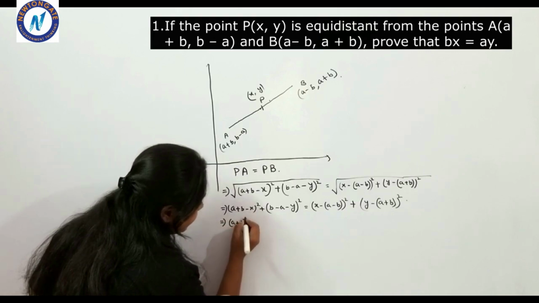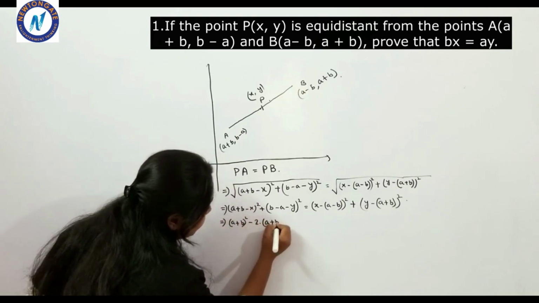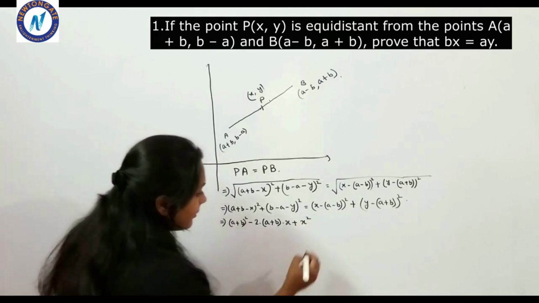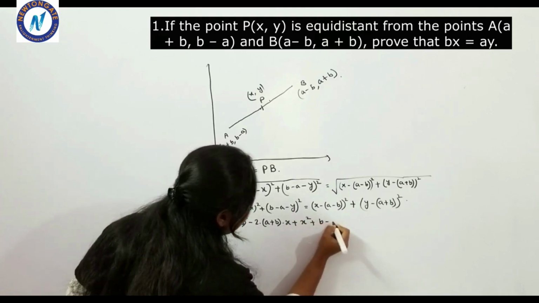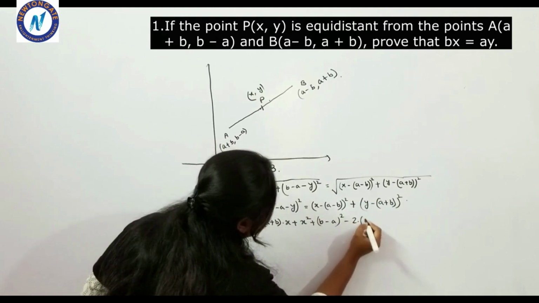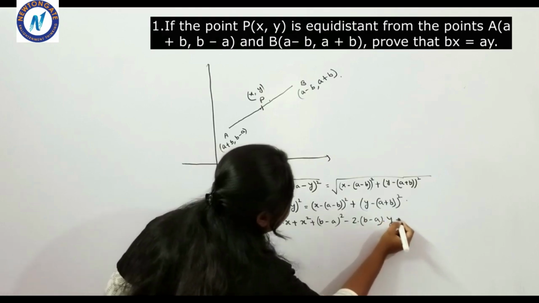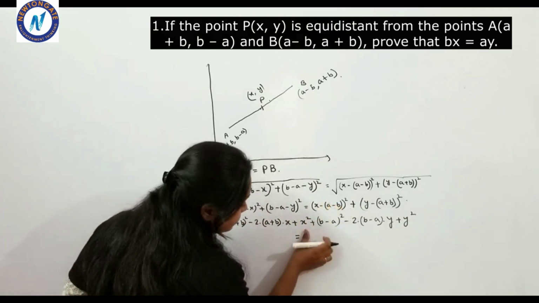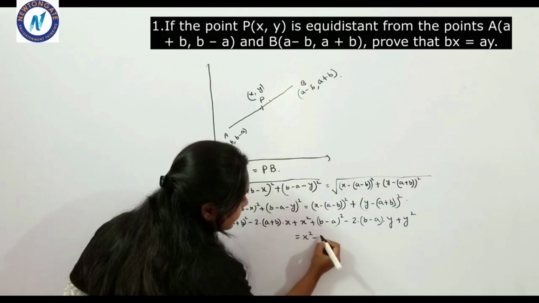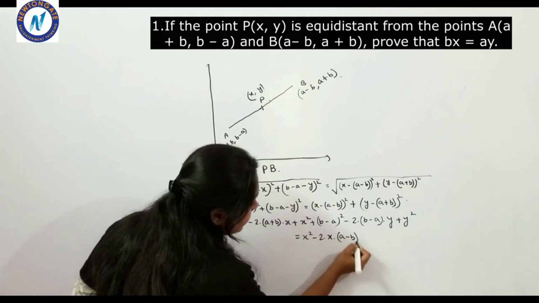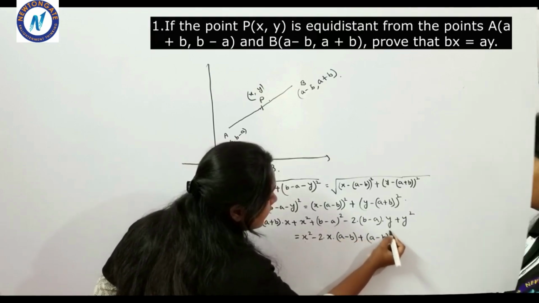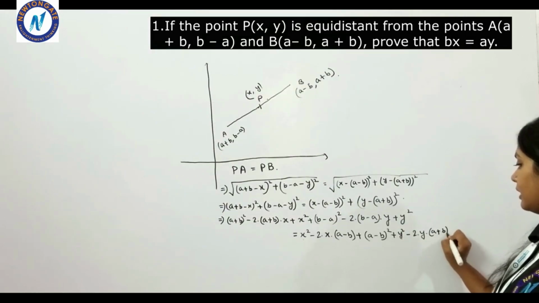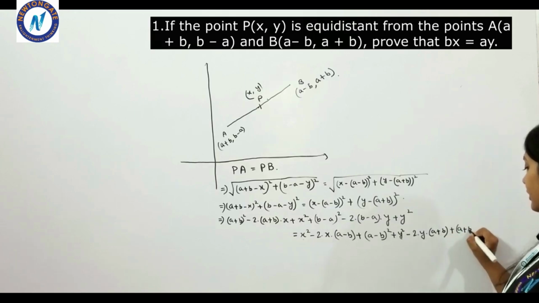(a plus b) whole square minus 2 into (a plus b) into x plus x square, plus (b minus a) whole square minus 2 into (b minus a) into y plus y square, equals x square minus 2 into x into (a minus b) plus (a minus b) whole square plus y square minus 2 into y into (a plus b) plus (a plus b) whole square.